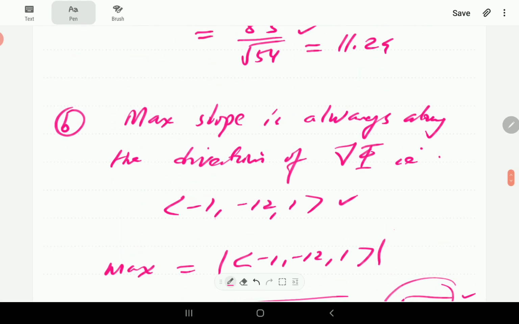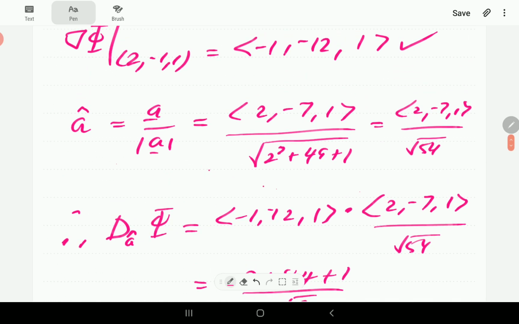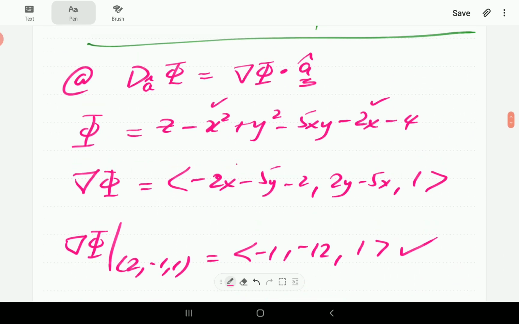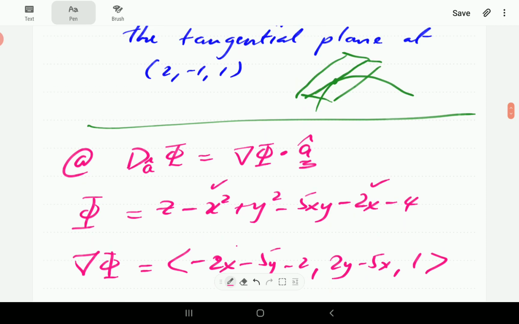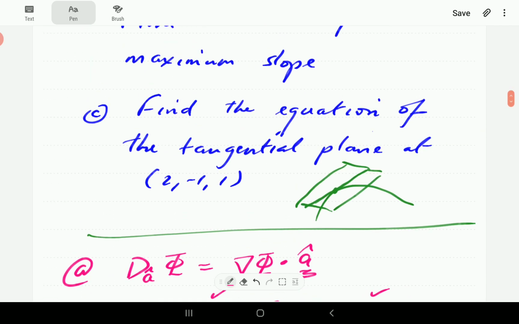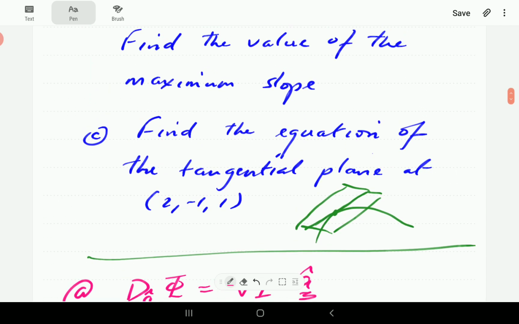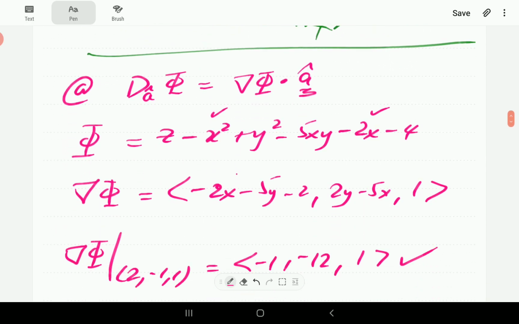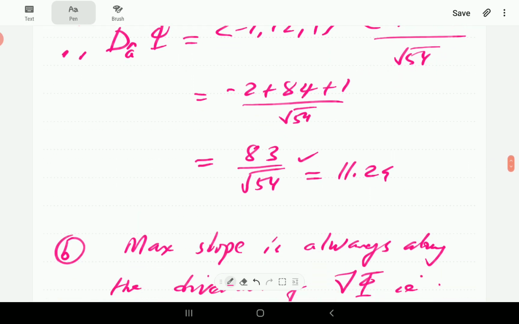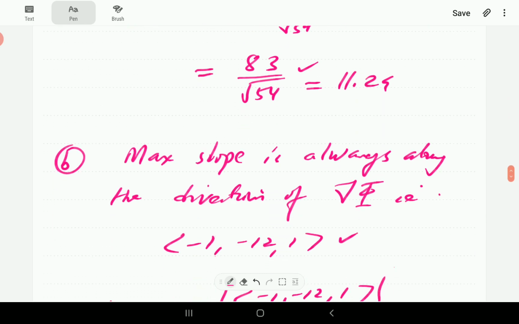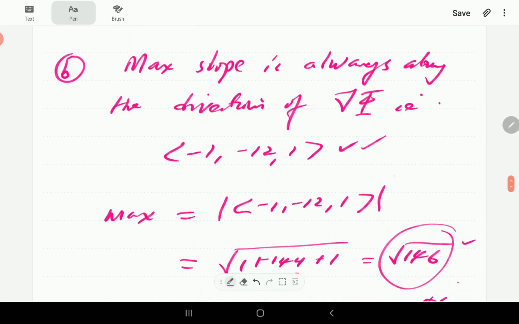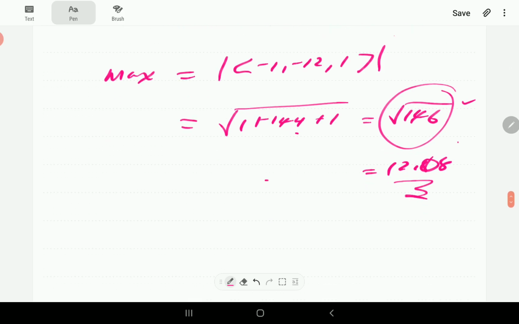So if you are at the point 2, negative 1, 1, then the maximum slope of the surface at that point is going to be along this direction. The slope is going to be given by square root 146.